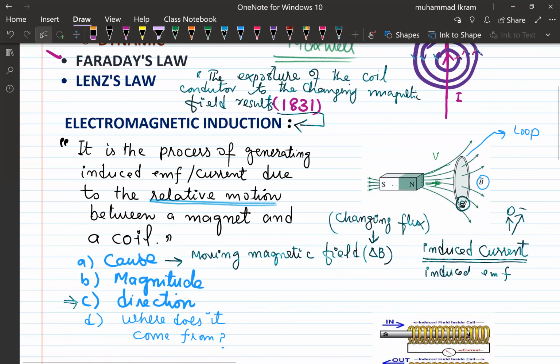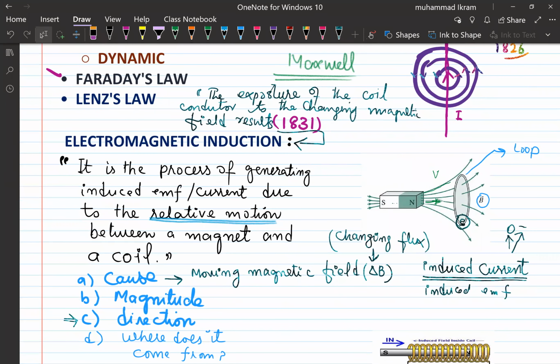Now, when you stop the magnet, the induced EMF in the loop disappears and the galvanometer indicates zero again, right? But if you keep it moving, this time in this direction, the same process is repeated.